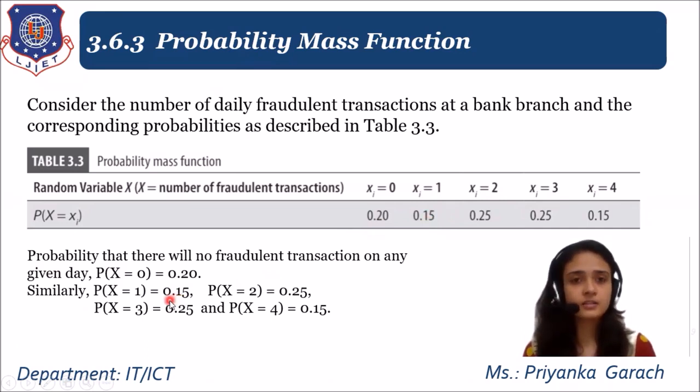The probability is 0.15. Similarly, for a given day, suppose 4 fraudulent transactions occur, then what is the probability that 4 fraudulent transactions occur on that particular day? Its probability is again 0.15. So this is how you can read the table.